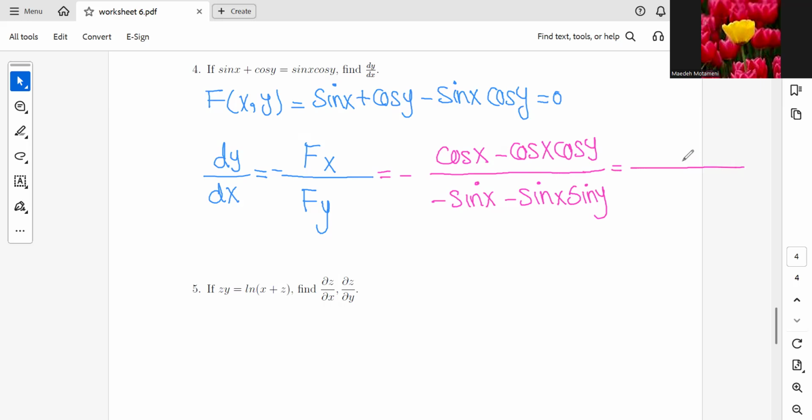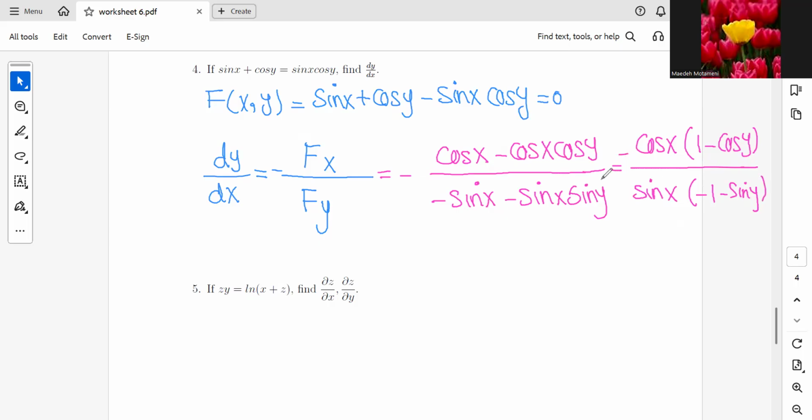So we can factor out cosine of x here. That would be 1 minus cosine of y. Okay, when you factor out sine of y here, you would have negative 1 minus sine of x.